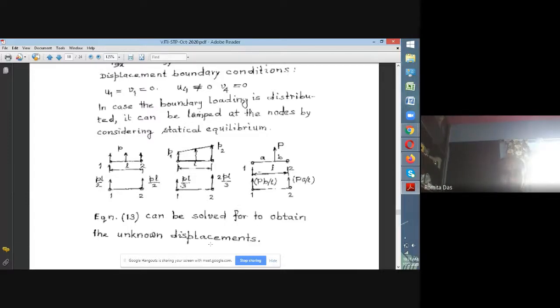So that's how it is. You can put PB by L at the node number 1 and PA by L at the node number 2. So that's how we can go on lumping them. This is the process of converting the boundary load into nodal loads, which are required for solving the finite element equations.